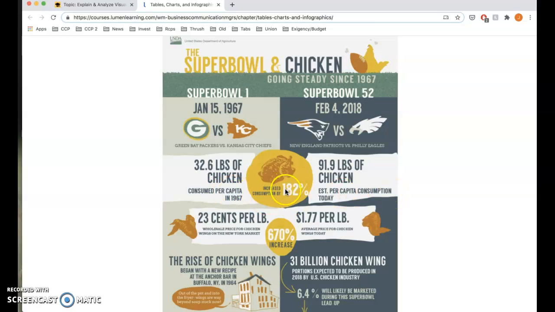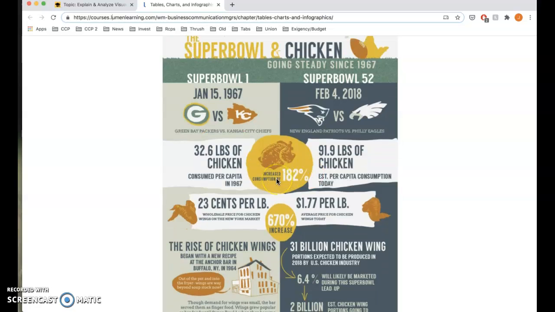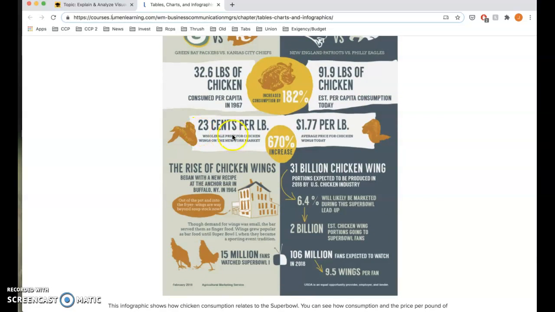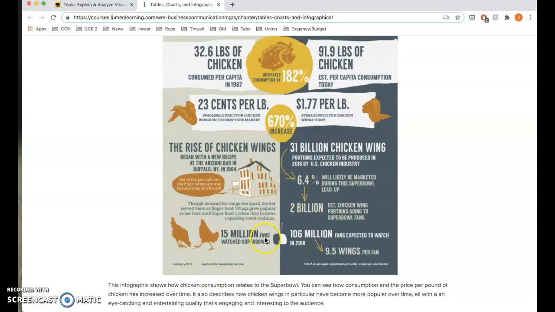So that tells me individually that a person on average is consuming that much chicken, probably in a year is going to be my guess here. And then this is telling me the cost and how it's changed over time, the rise of chicken wings as a specific type of chicken product, and the number of fans watching the Super Bowl.